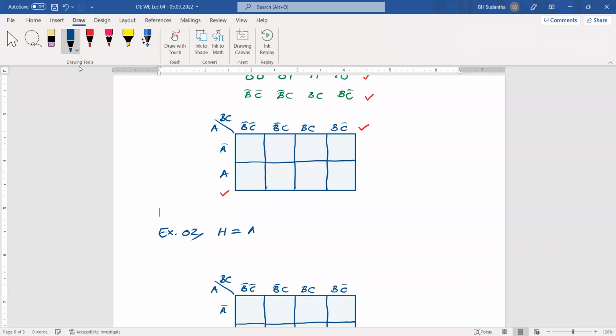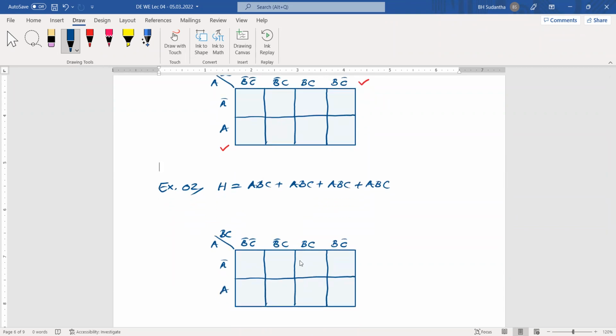Then H equals... Okay, try to mark this one in the map.